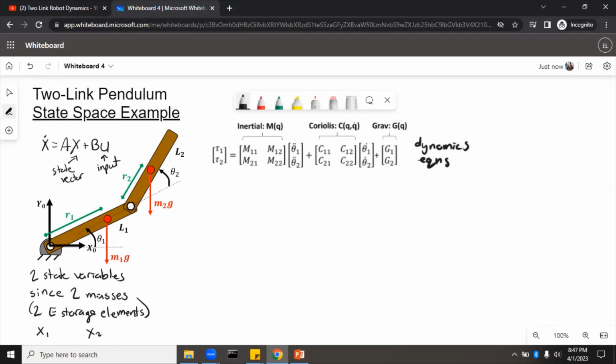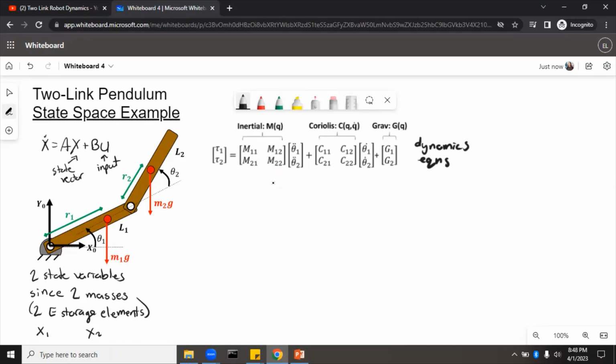Now, the state space equations are basically a way to write any differential equations in the form of first order differential equations. So that means that we can only go to the first derivative. Now, in the dynamics equations that we're given, we have a second derivative. So we need to eliminate that second derivative and write this all in terms of first and zero order derivatives.